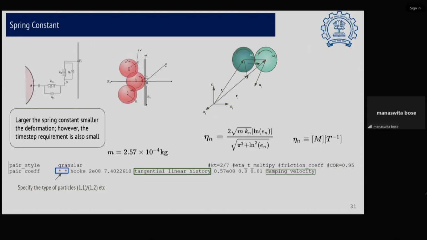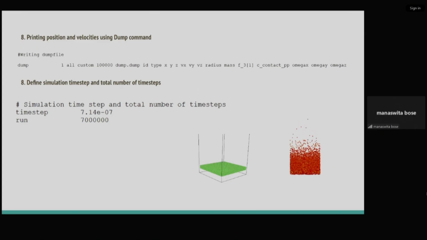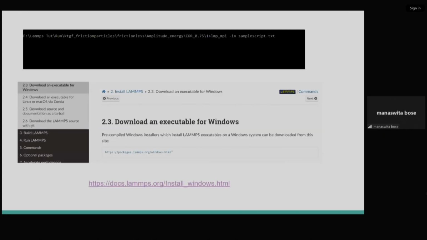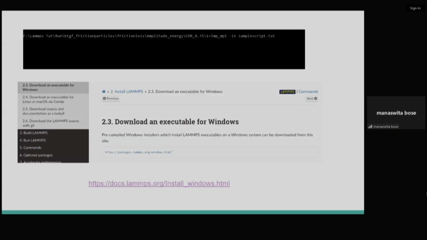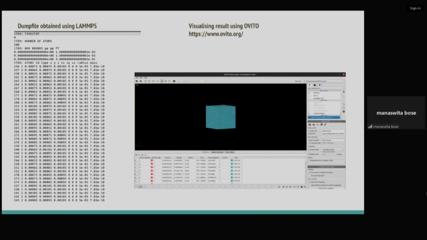You have to choose the pair style granular, pair coefficient. This is linear, so Hookean spring, and then we put all the other numbers. Here we have put Kt as 2 by 7 of Kn, printing position, time step. So this is the script, and then we download the executable from Windows. If you want to install LAMMPS, we do the post processing.